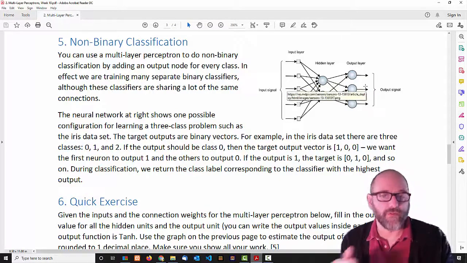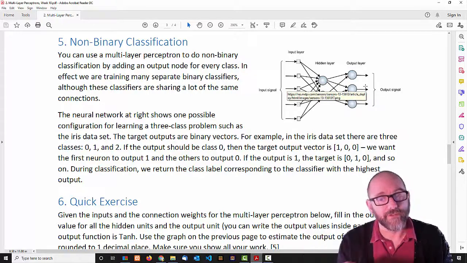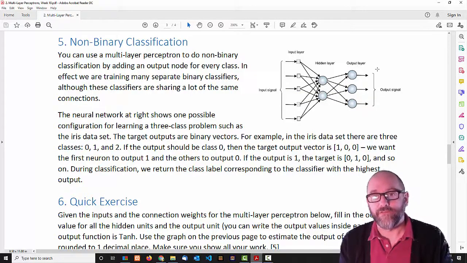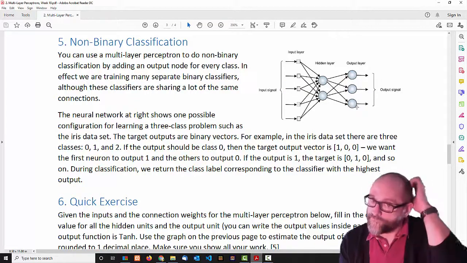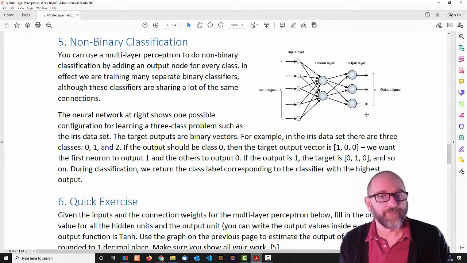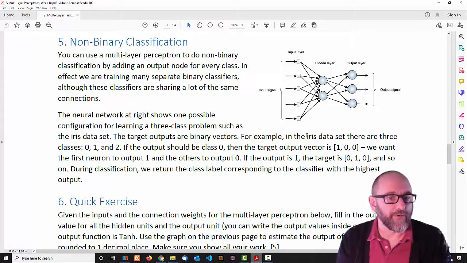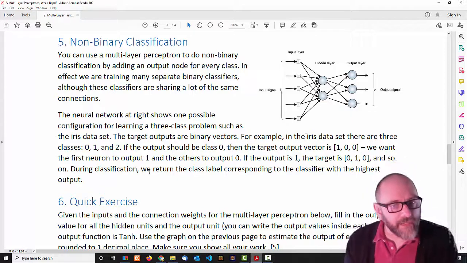If you're okay with putting 2 classification labels on the same example, then if this one and this one are both close to 1, you can classify it as both class 1 and class 2 and use this as class 0. Okay, so you see that quite a lot. The output layer has multiple nodes, and basically you're computing 3 or 4 or 5 different classification problems, all sharing the same input.